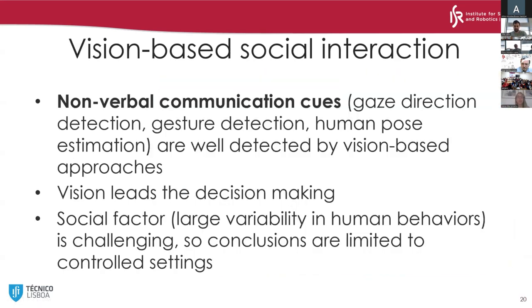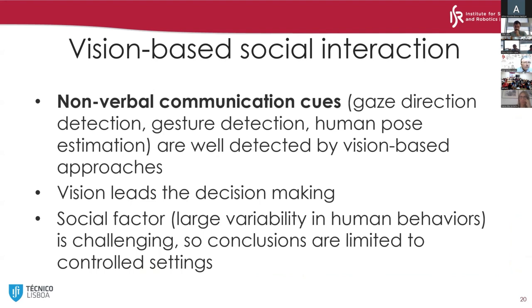I want to remind you about the main messages. The first one is that we can detect nonverbal communication cues with cameras, and those cues are very important for engaging in interaction. I showed you examples of how this can be done with the social robot, so vision leads the decision making.